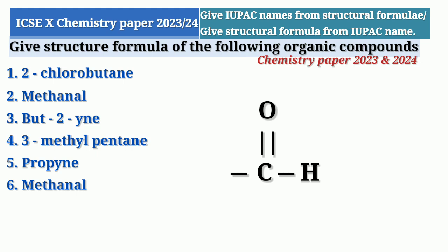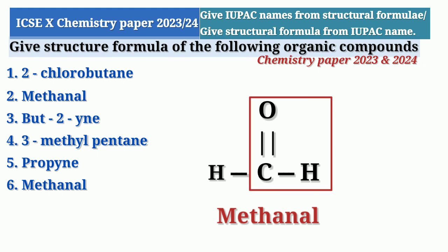We just have to complete its 4 covalent bonds. Now this carbon atom is forming 2 covalent bonds with oxygen atom and 1 with hydrogen, and remaining 1 covalent bond will also be formed with 1 hydrogen atom, and we have compound methanal. So this is methanal, 1 carbon compound. It is an aldehyde with functional group CHO.